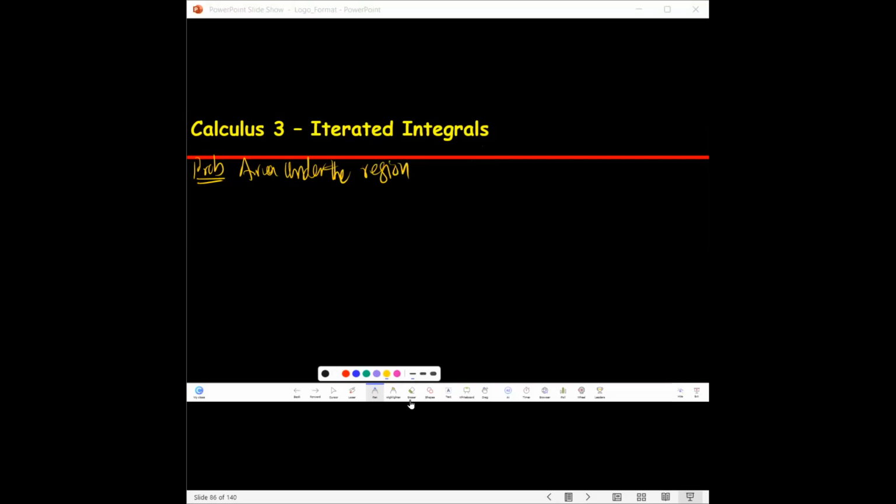I'm not going to say area under the region, since that pretty much sounds like a volume. So area of the region, and what is the region? The region is given like this.